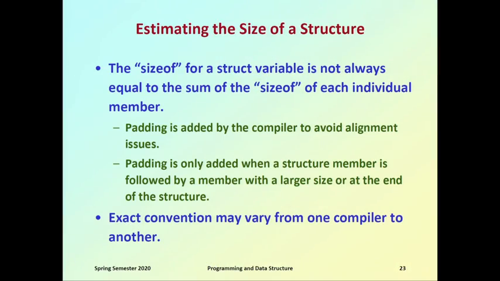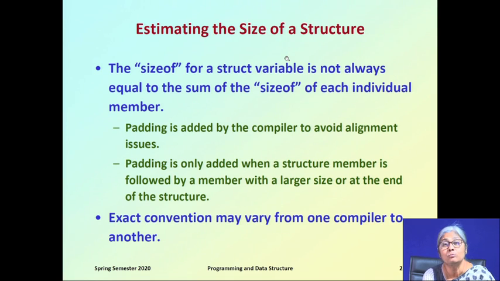So, sizeof for a struct variable. Struct variable means the structure variable, the user defined new data type. So, if it is a user defined new data type, what will be the size of that thing, because it is a variable.